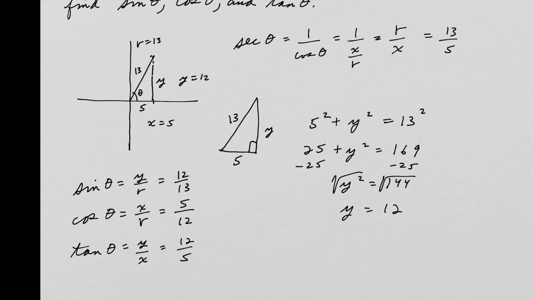And that's it. Those are our answers. Whatever the angle is, we don't even know what the angle is, but it doesn't matter. We're given enough information to find the sine, cosine, and tan of the angle. To actually find an angle, you would need what's called the inverse trig functions, and we're not going to have time to get to that in this class.